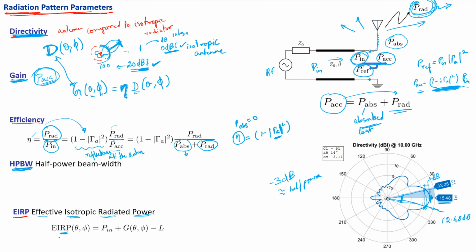If I were to have an isotropic antenna, all the power that I would be able to radiate effectively is only the input power because it's radiating isotropically everywhere. Whereas when you have a directional antenna, by having a directional antenna I'm getting an additional gain of G. This additional gain factor comes in, that I'm able to effectively boost. In essence, I would be effectively transmitting this much power rather than this much.